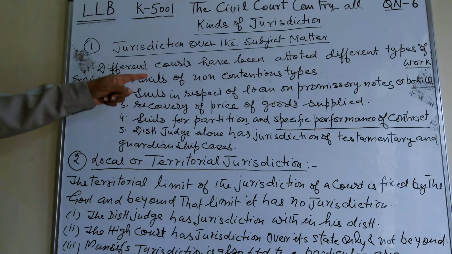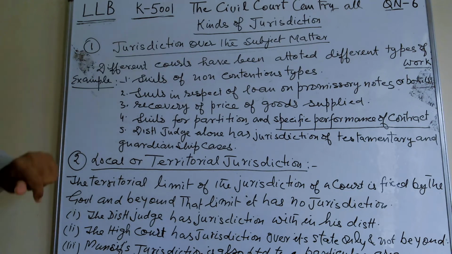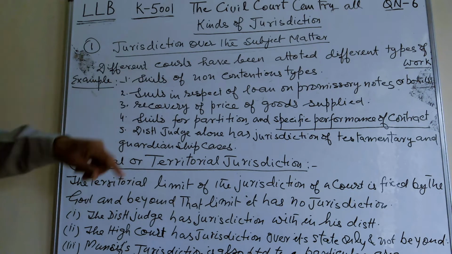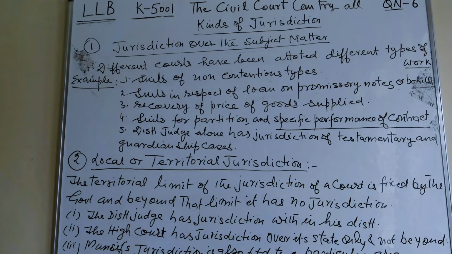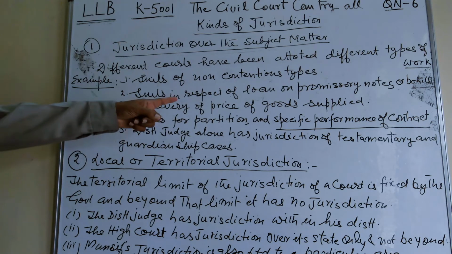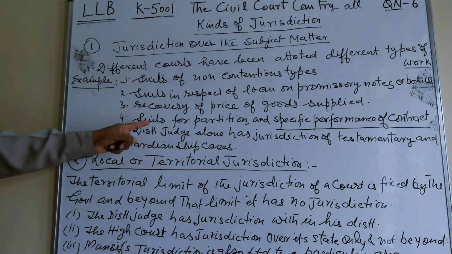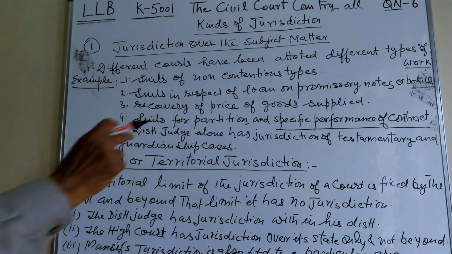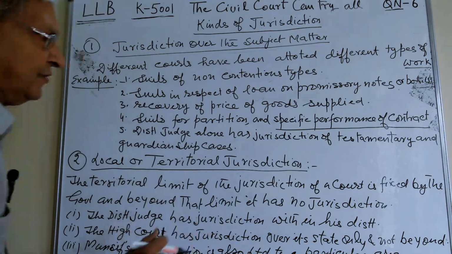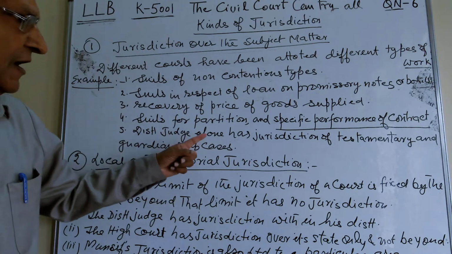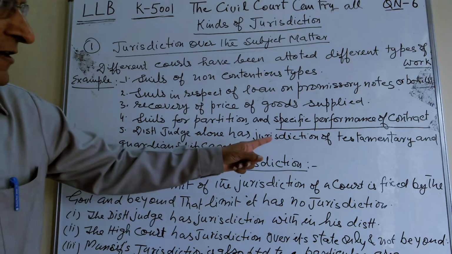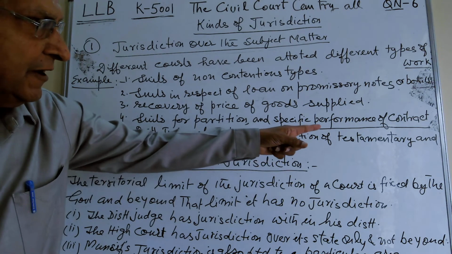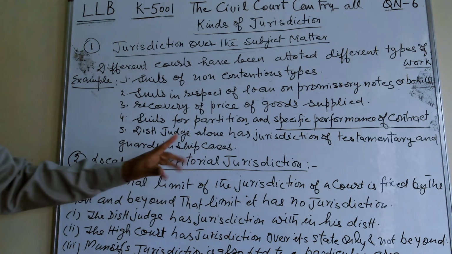Example, suits of non-contentious types, suits in respect of loan on promissory notes or bond, recovery of price of goods supplied, suits for partition and specific performance of contract. District judge alone has jurisdiction of testamentary and guardianship cases.